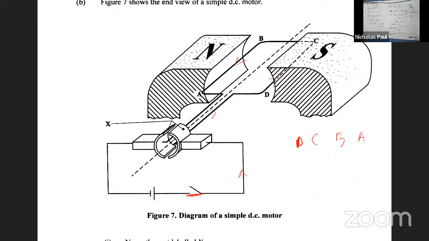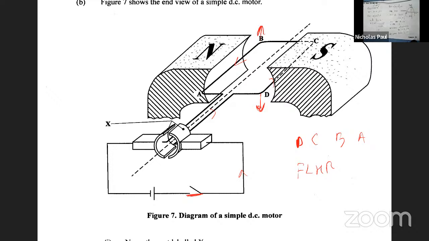Next, you have to apply Fleming's left-hand rule. If you apply Fleming's left-hand rule, your first finger going north to south, the current going D to C, the force on DC is downwards, and therefore the force on BA will be upwards.